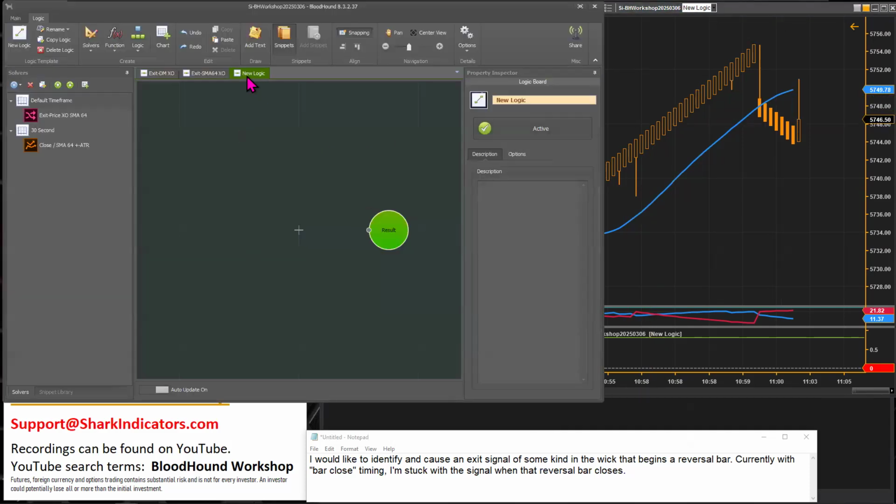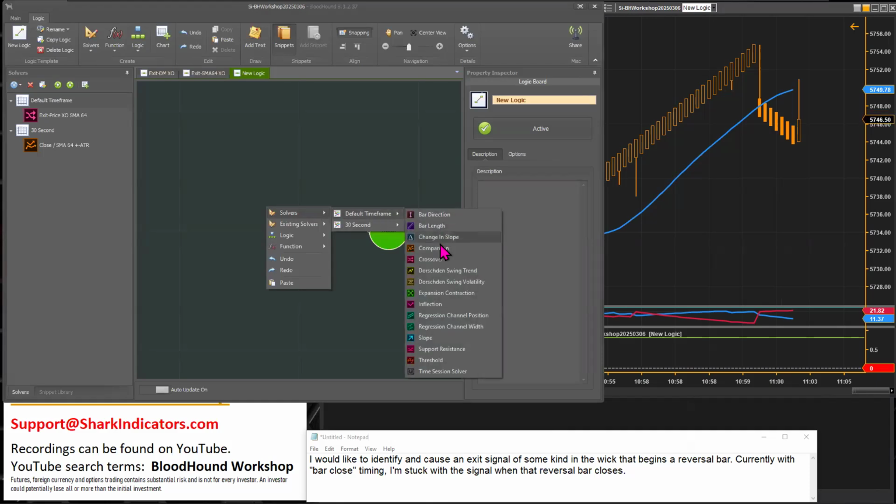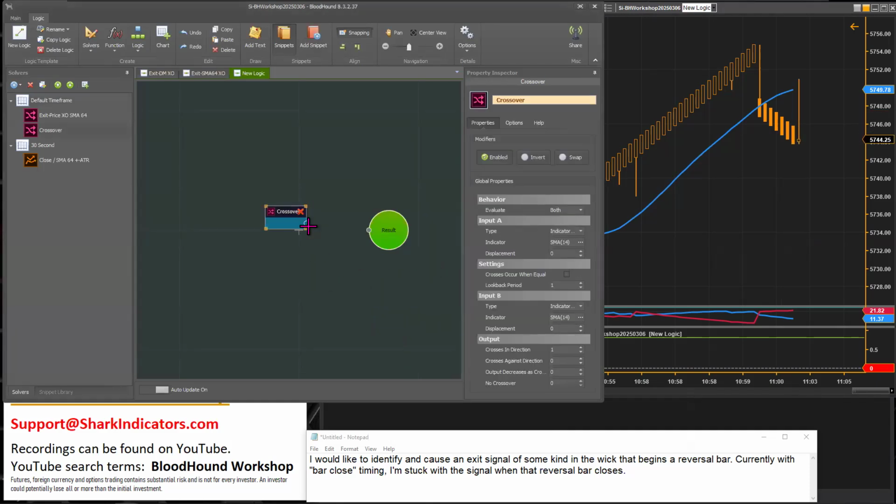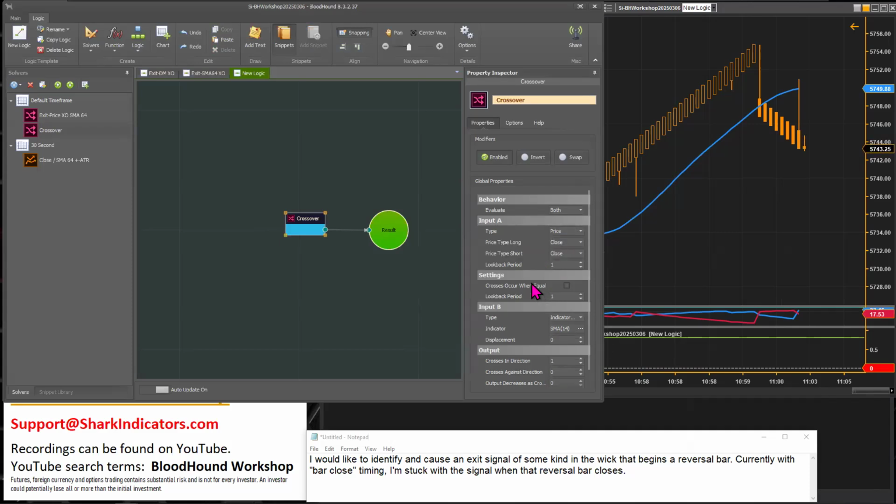So I'm assuming you probably know what the answer is here: you just need a crossover solver like that, and input A will be price like so.